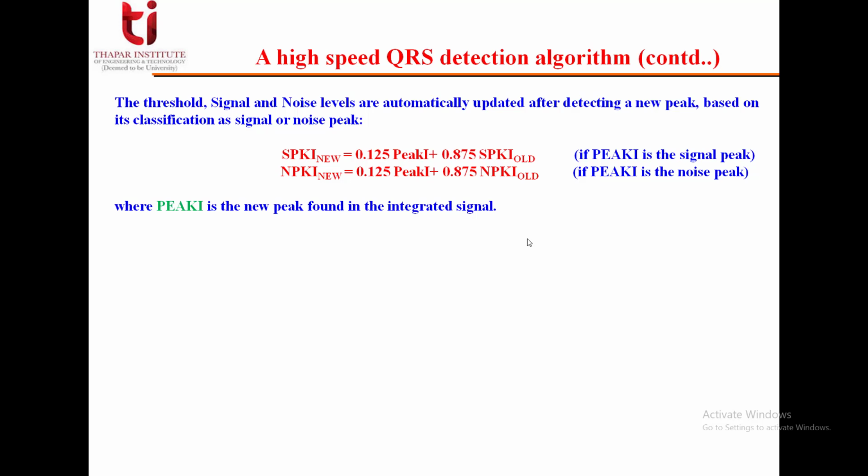Peak 1 is the new peak found in the integrated signal. So we choose whether to update the signal peak level or the noise peak level, depending upon whether the detected peak 1 is a signal peak or a noise peak.